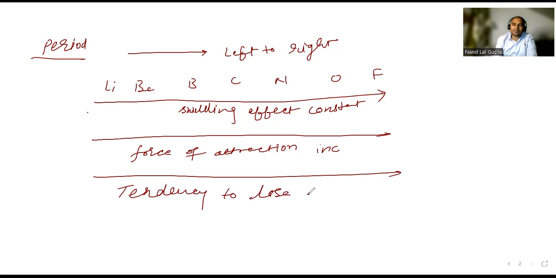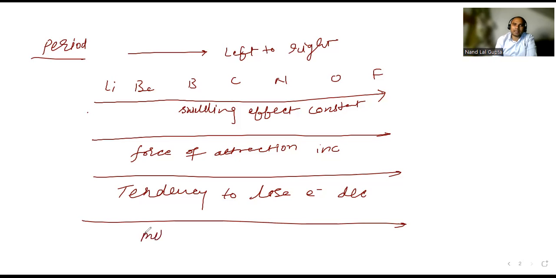Increase or decrease? Decrease. Thank you. So if the tendency to lose electron decreases, metallic character decreases. Yes, na? Yes. So these were the concepts we study.